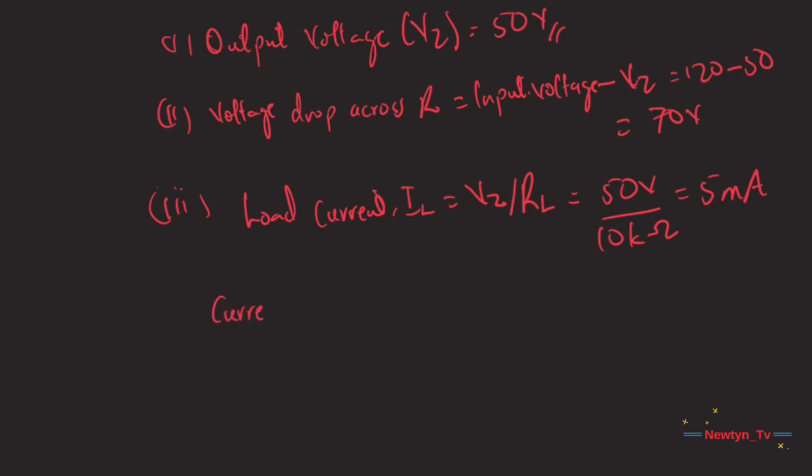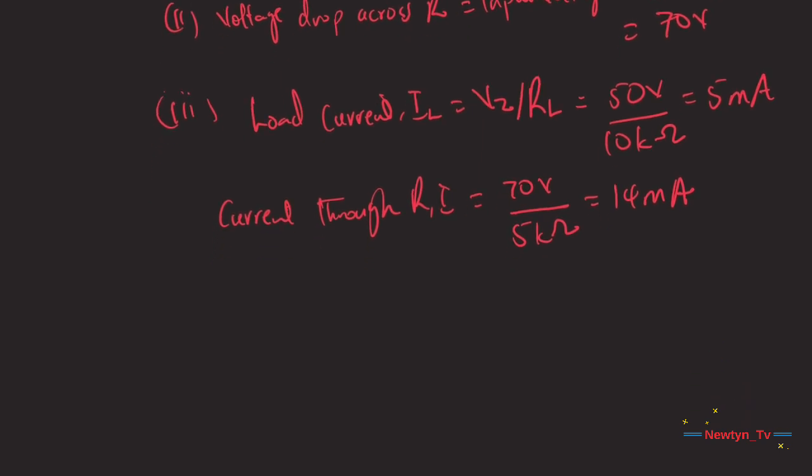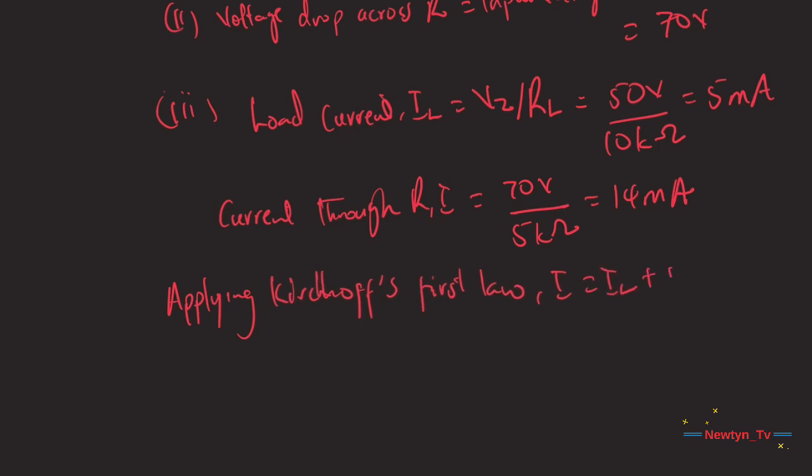So the current through R will be equal to 70 volts divided by 5 kilo ohms, which will be equal to 14 milliampere. All right. So now we can apply Kirchhoff's first law, which is I equal to IL plus IZ.